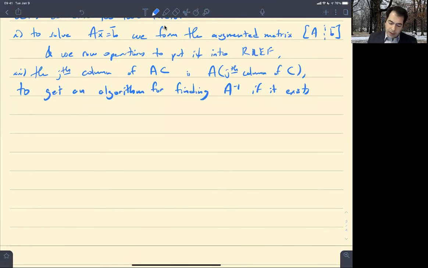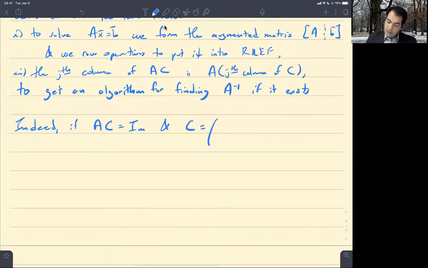Okay, so what do these two facts have to do with each other? Well, indeed, if A times C is equal to the identity, and you write C as the matrix whose columns are C1 up to Cm, then AC would have columns AC1 through ACm.